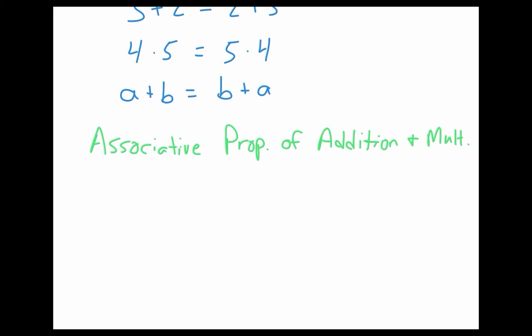But if I were to say, for this here, it'd be like if you have parentheses and 2 plus 3 inside parentheses, and then we'll put plus 4 on the outside. That equals 2 plus, and then you start your parentheses, 3 plus 4. In other words, if you have all addition, if you're adding three numbers together, it doesn't matter if you add the first two together first and then add the third one, or if you add the second and third number first and then add the first one to it.